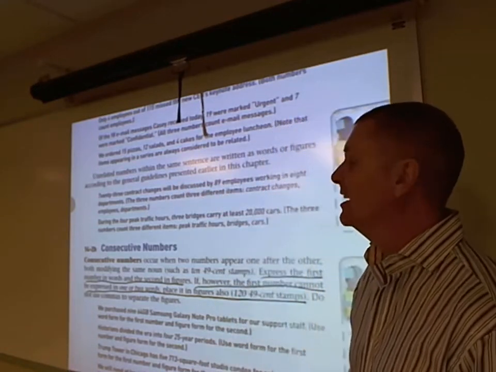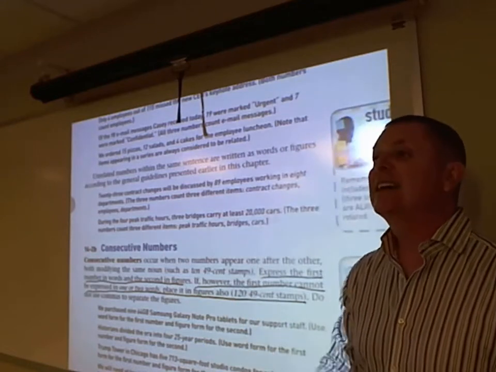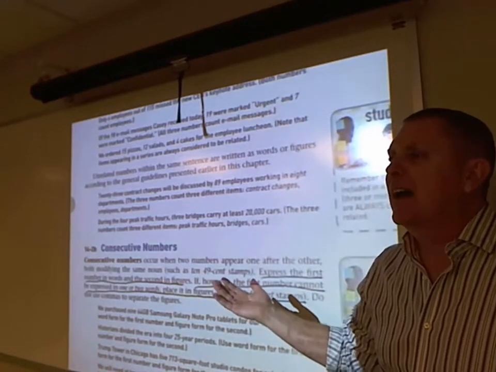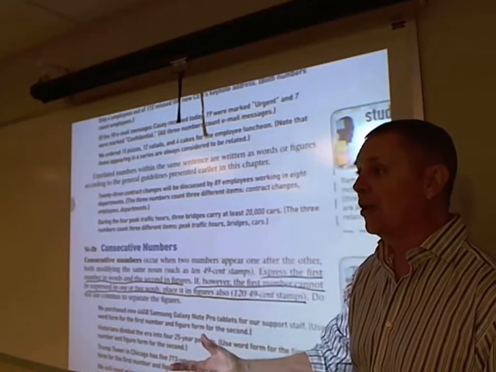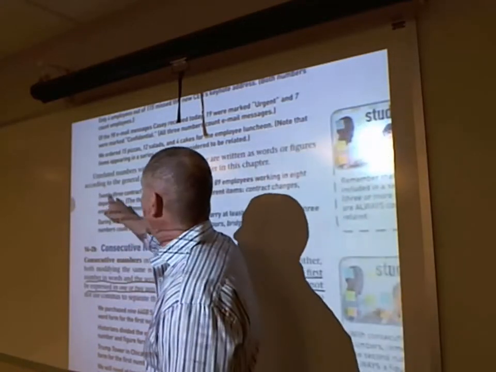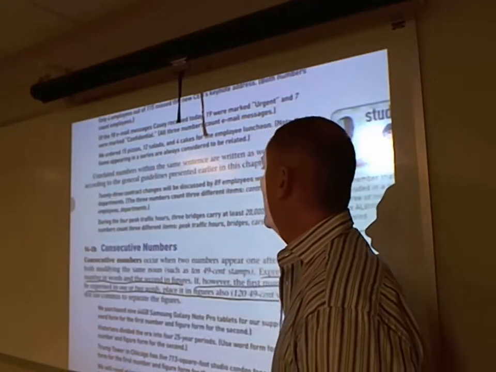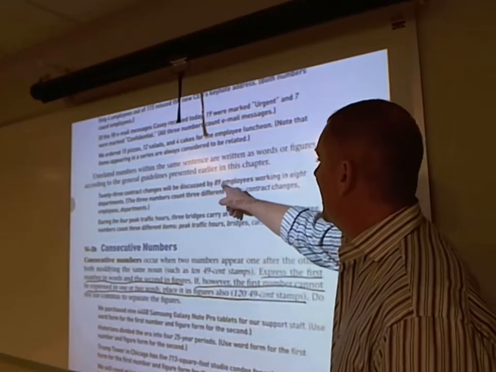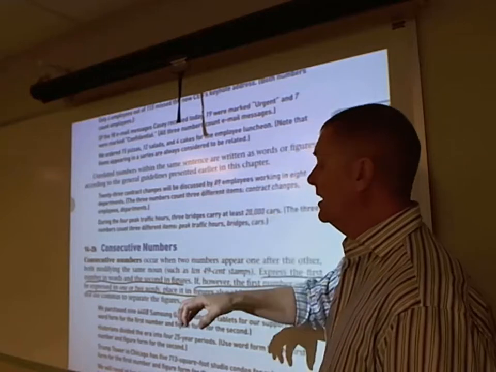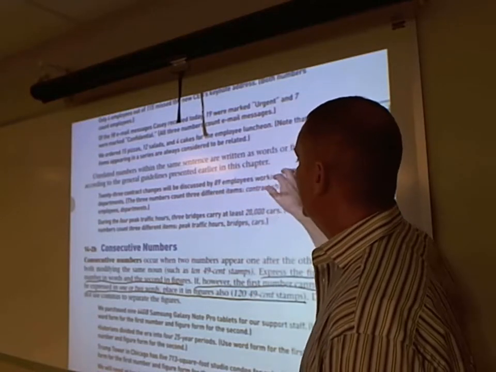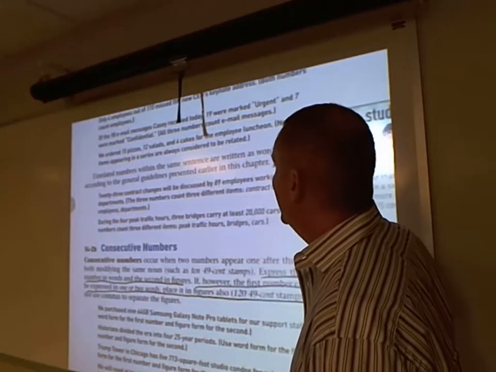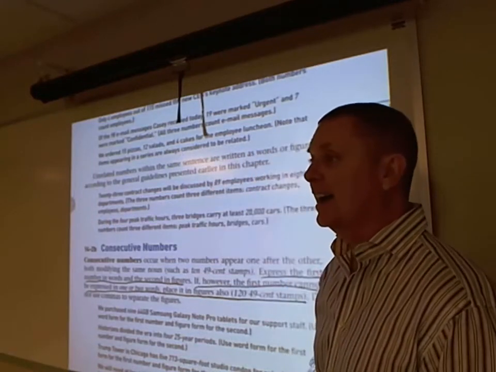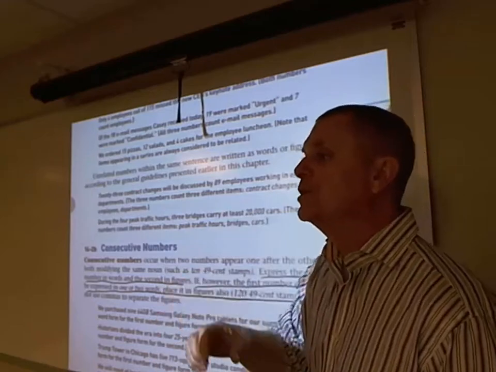It has to be a word. 21 through 99 is hyphenated, as they did. Then 89 employees, that's above 10, so we're going to use a figure, working in eight departments. That 8 is not coming out of 89. There's 89 employees working in 8 completely different departments. So that's an unrelated number, and 8 is fewer than 10, so it should be spelled out as a word.